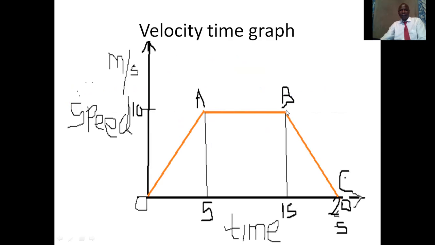And then the final velocity would be at B. If you come this side where there is velocity, it is again 10 meters per second. So the final velocity is 10 meters per second, as well as the initial velocity, it is 10. And the change in time from A to B will be 15 minus 5, which is 10.